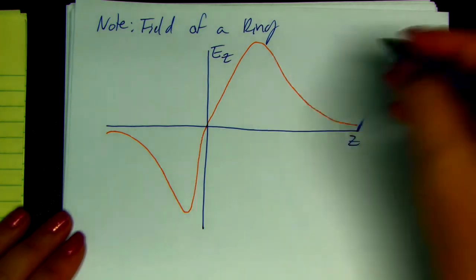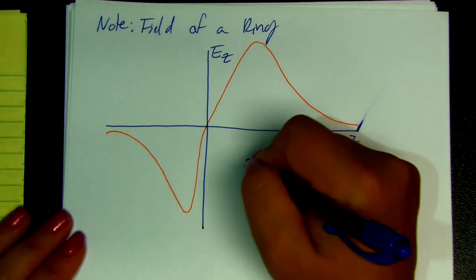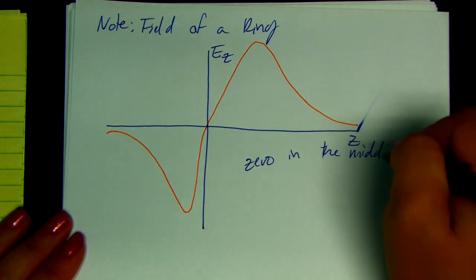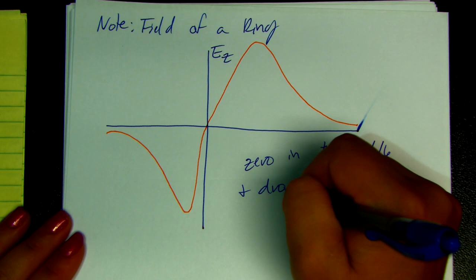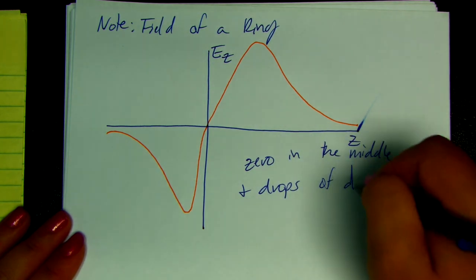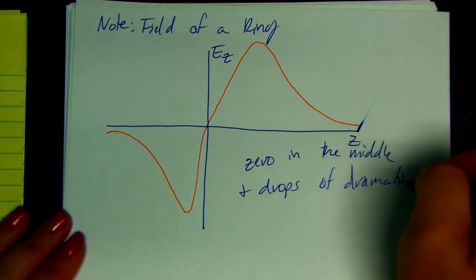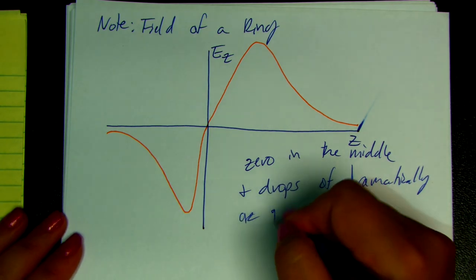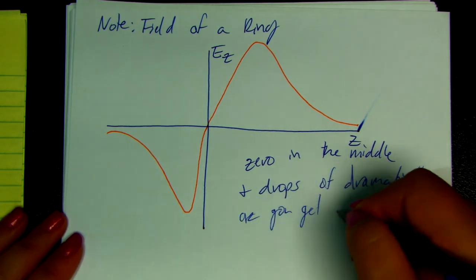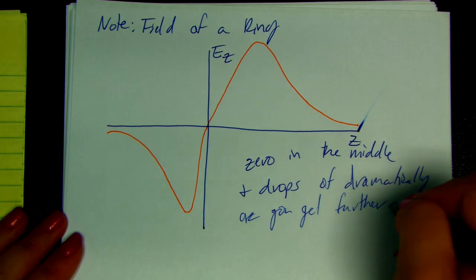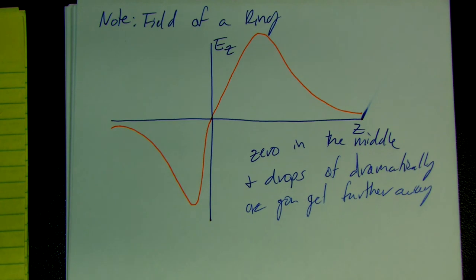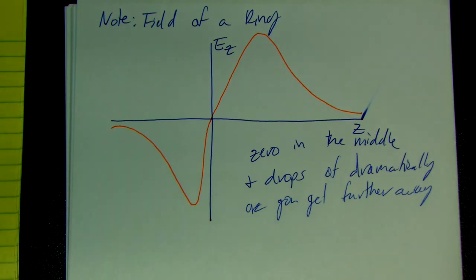So it's 0 in the middle and drops off dramatically as you get further away. All right, so that sums up our ring.